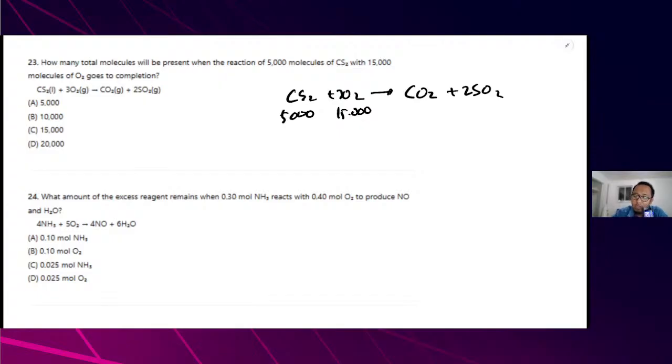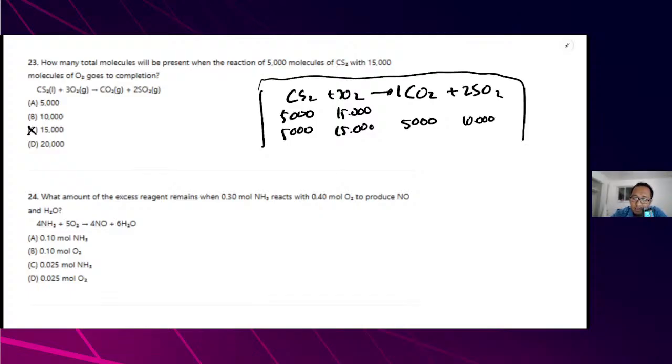Like I mentioned, the ratio will be the same, so 5,000, and then this one is also 15,000 because it has 3, right? And over here will be 5,000 because it only has 1. And then this one is 10,000. So the total number of molecules will be present. How many total molecules will be present? It will be 15,000. Number 23 is C. Use this kind of concept.